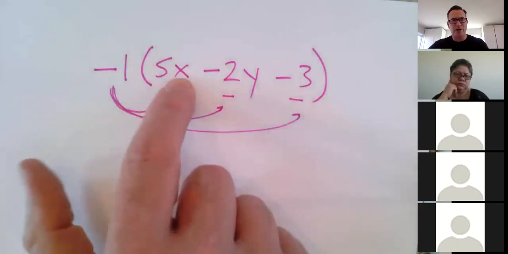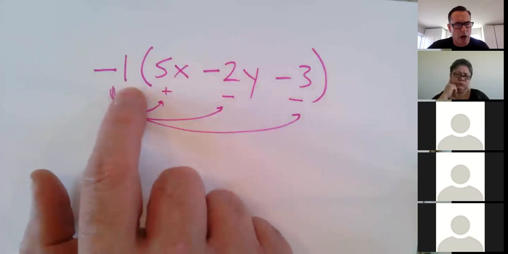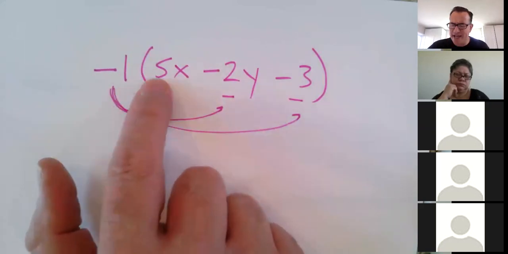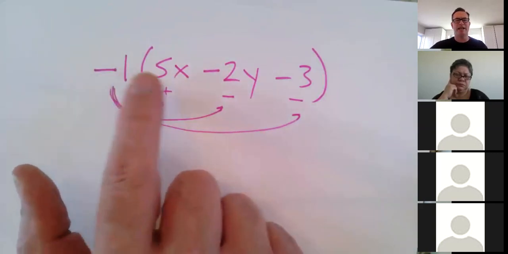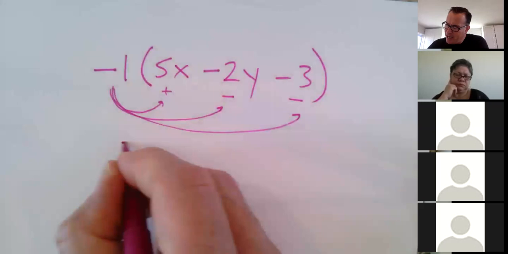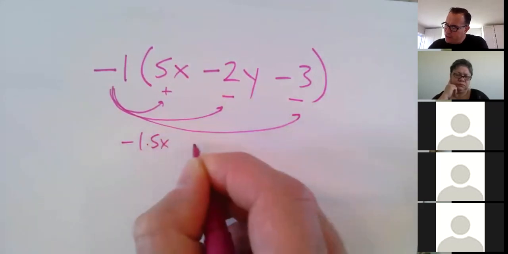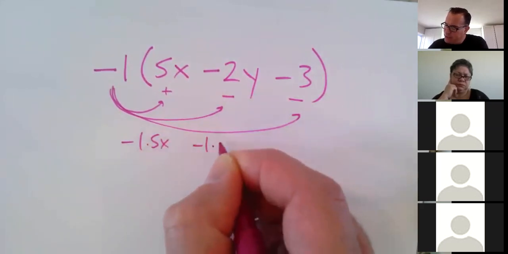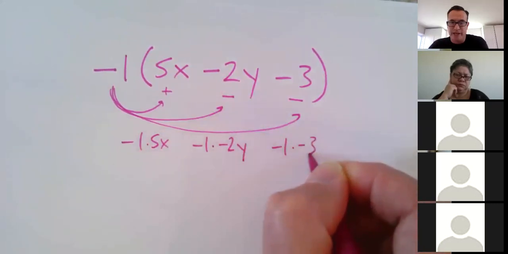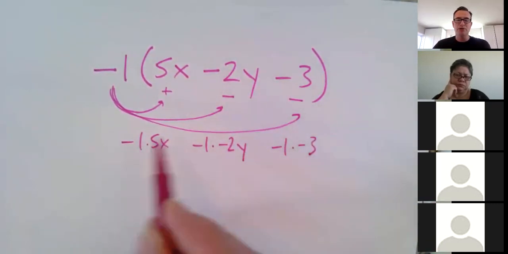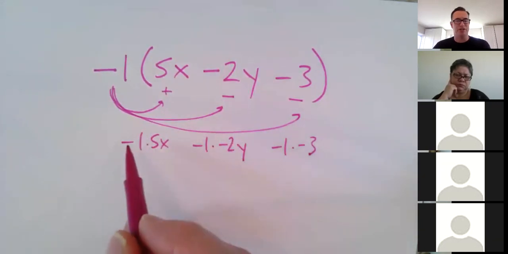So here's what I want to think about. When I put those together, if I multiply by 1, does that change that number at all? No. So all I have to think about now is when I multiply this, negative 1 times 5x, negative 1 times negative 2y, and negative 1 times negative 3, the numbers aren't going to change. The only thing we're going to change is the sign.